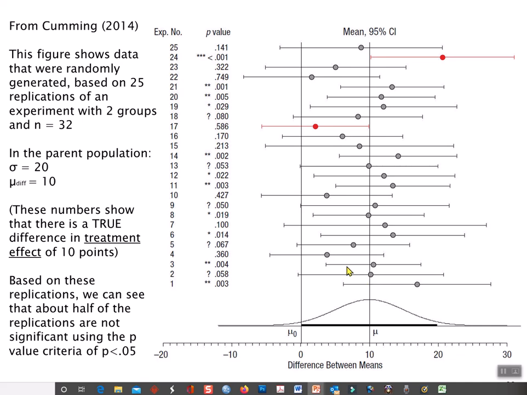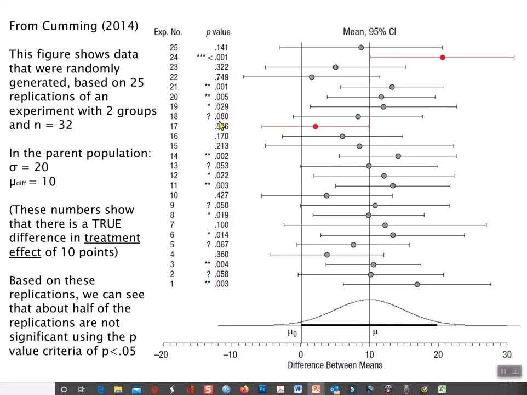Using the random number generator, what you see based on any given sample size and standard deviation, here we have a sample size of 32 with a standard deviation of 20. If this were a real experiment, these would be all the different possible outcomes that we can get on 25 different replications, and he did this using his random number generator.